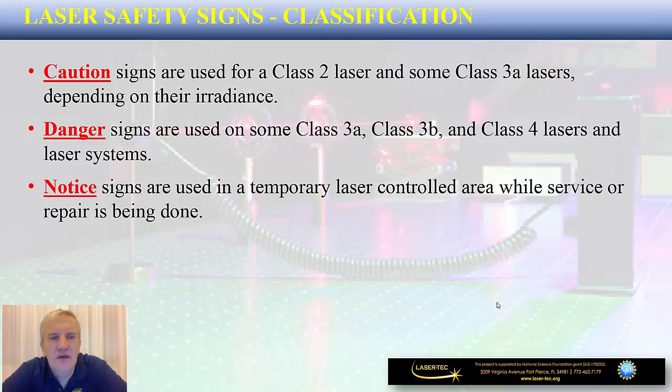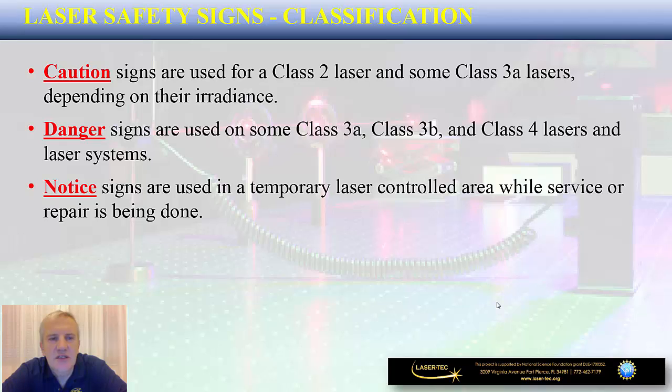How we define these three different types of laser safety signs is explained on this slide. Caution signs are used for class 2 lasers and some class 3A lasers, depending on their irradiance. Notice signs will be used for certain temporarily laser controlled areas while service or repair is being done.